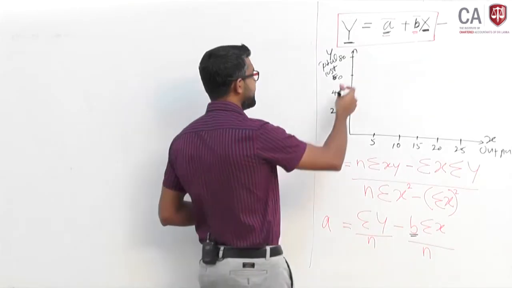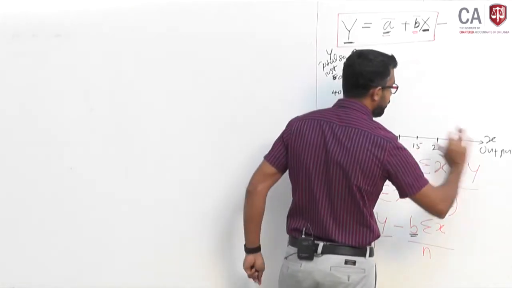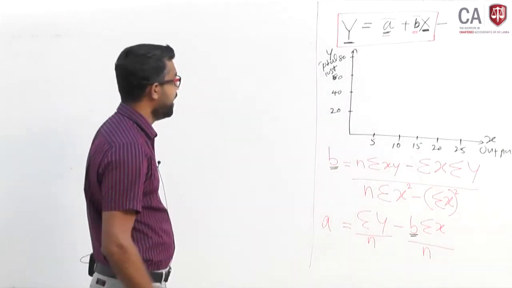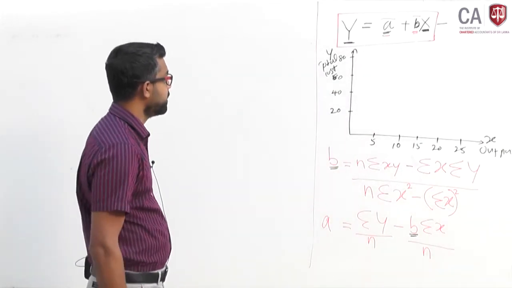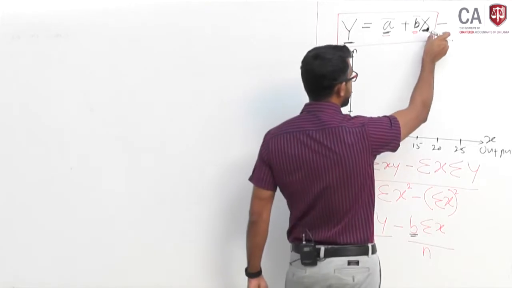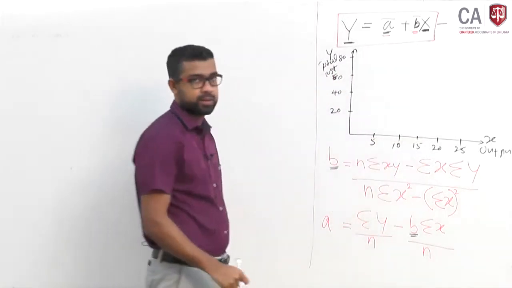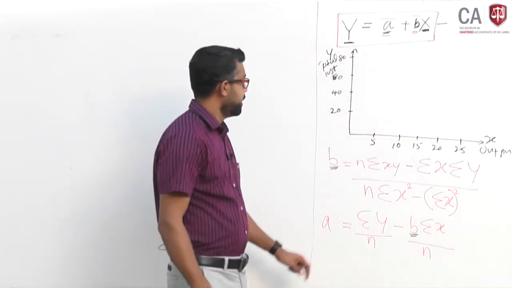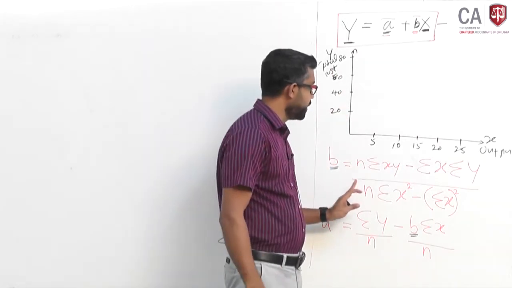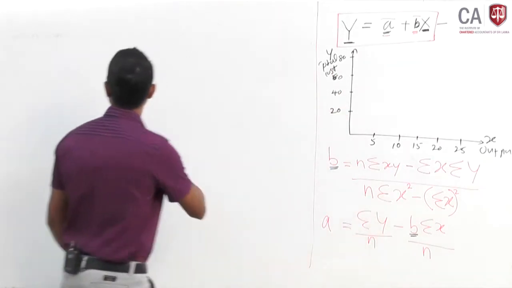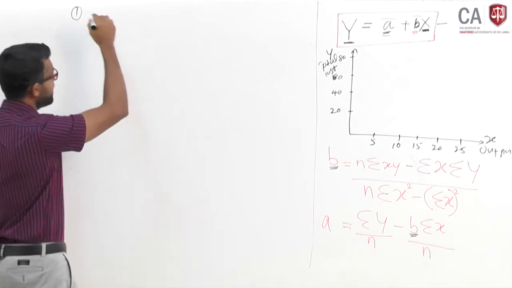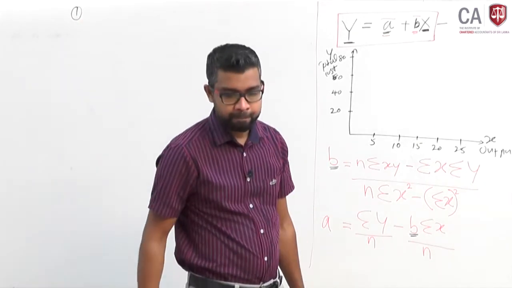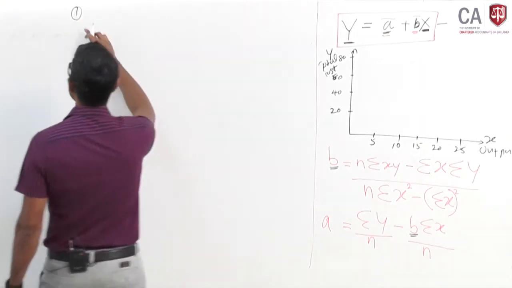What is the expected cost for any given volume of output? For that we have to figure out the equation, best fit. Now by using these numbers we have to figure out first B in this equation, and A. Question number 1, they are asking us to figure out what? A, formulate the equation.